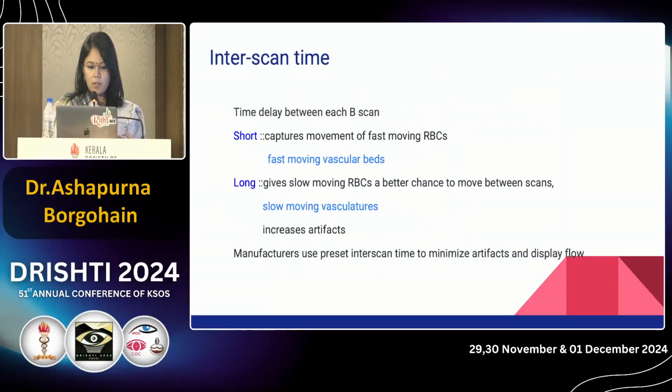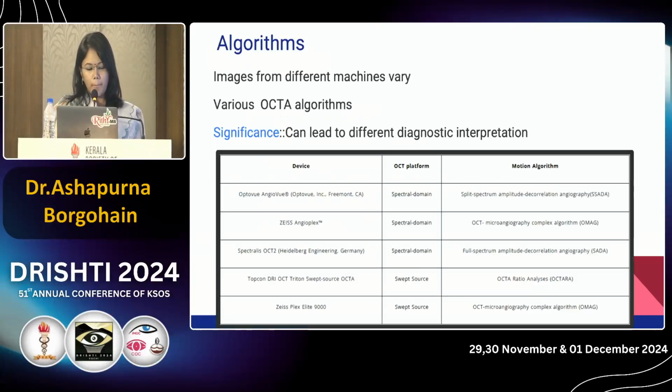The importance of this interscan time is that if we use a longer interscan time, it gives a better chance to pick up slow-moving vasculature like polyps and microaneurysms. And vice versa is also true for a short interscan time. But most of the machines have a preset interscan time to minimize artifacts and display flow.